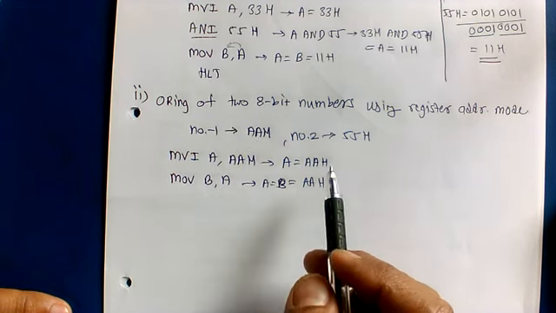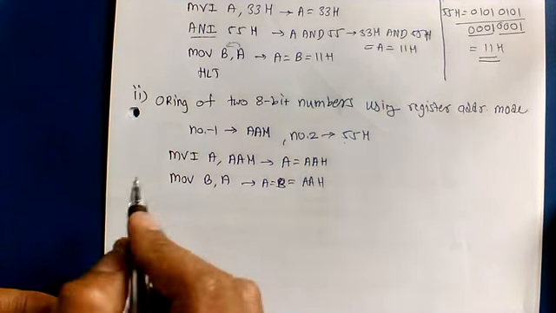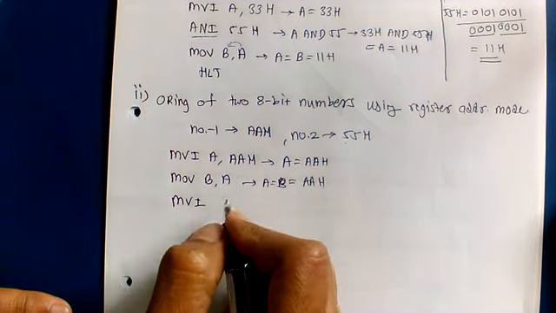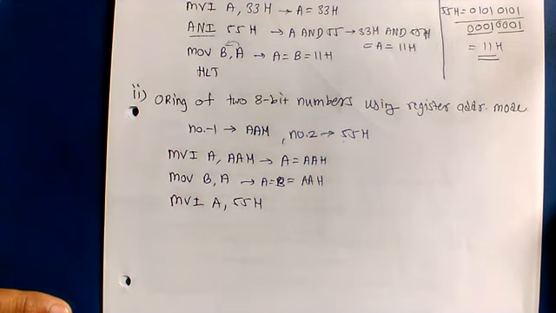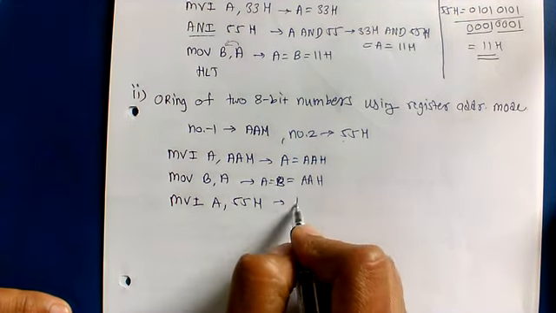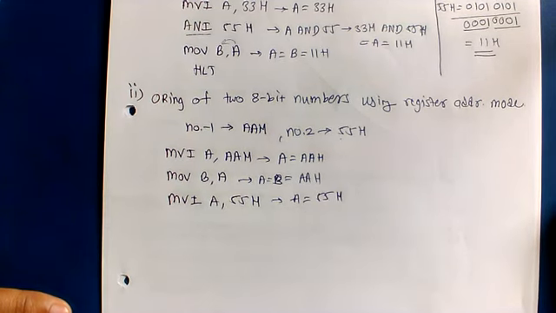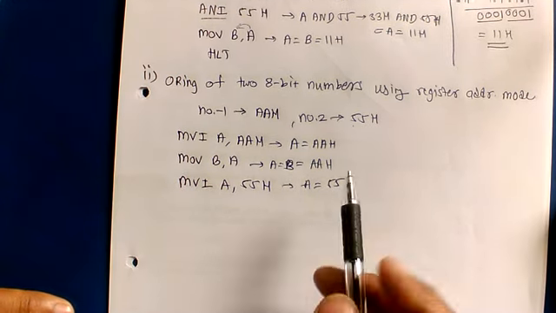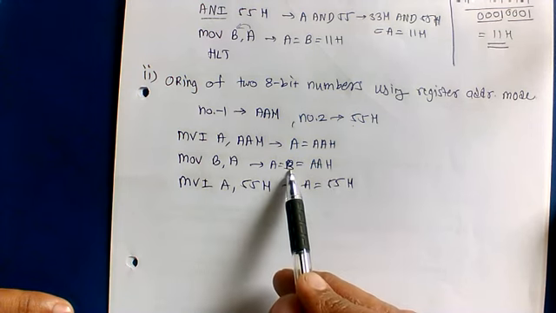Now this AA hex is available in B register. Now you have to take this 55 hex in accumulator, and then we will use the ORA instruction. So the next instruction will be MVI A, 55 hex. After execution, in accumulator you will get 55 hex. Now 55 hex is available in accumulator and AA hex in B register.